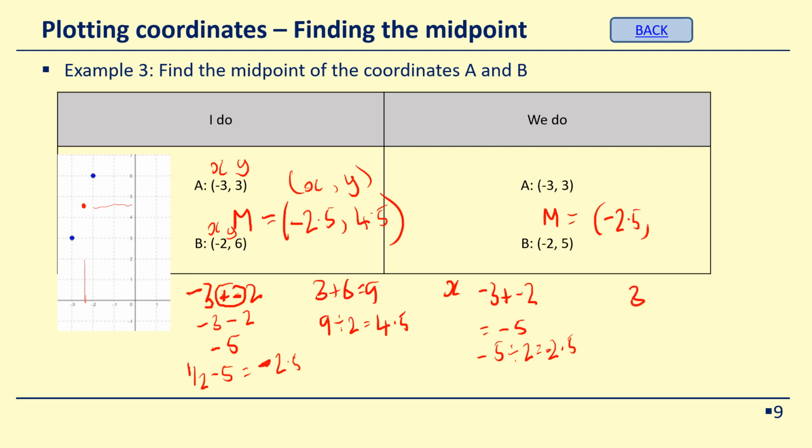Okay, 3 add 5 is 8. That's an easy one because there's no negatives and no decimals. 8 divided by 2 is 4. So minus 2.5, 4. Okay, and you think about it, what's halfway between 2 and 3? It's 2.5. What's halfway between 3 and 5? It's 4.